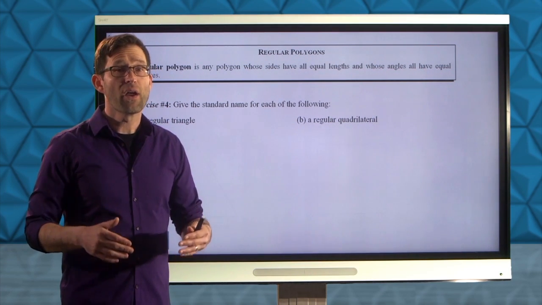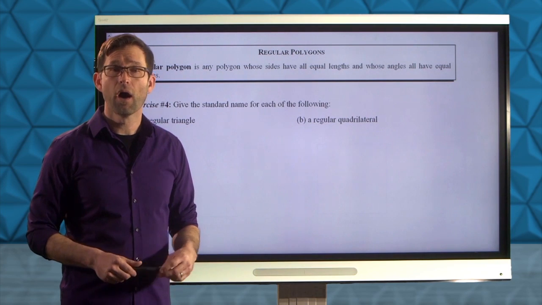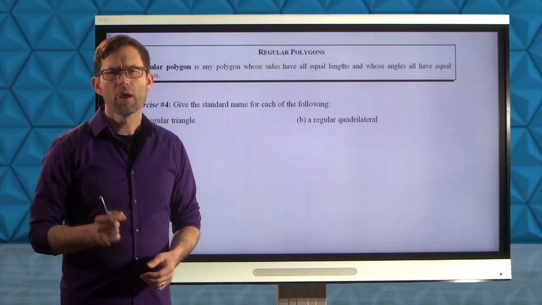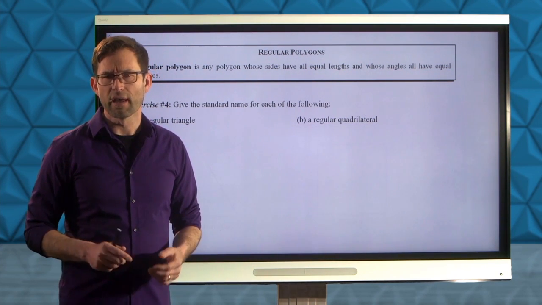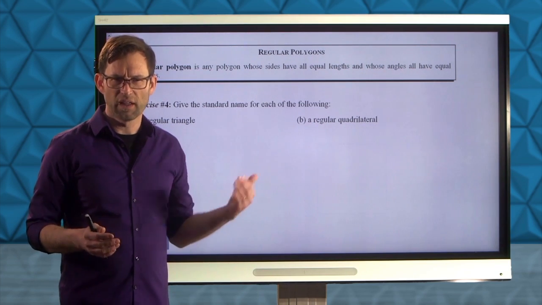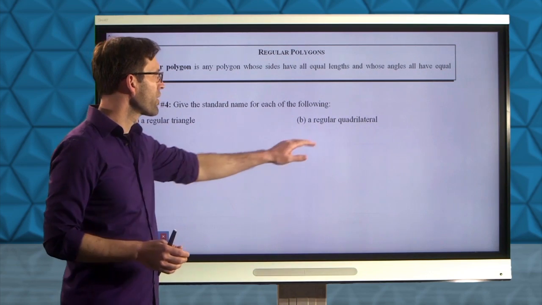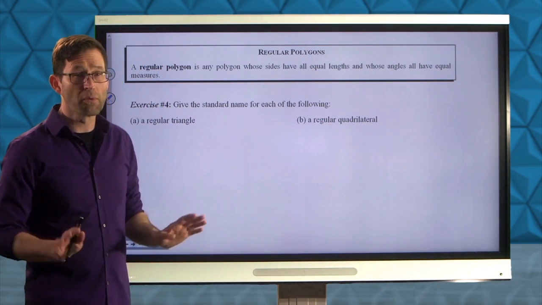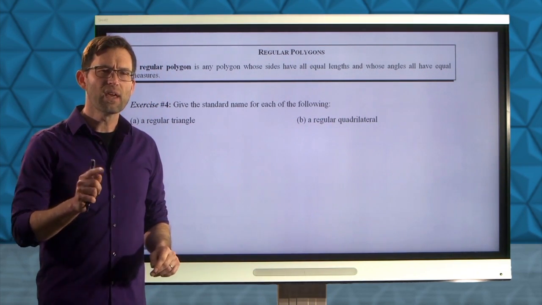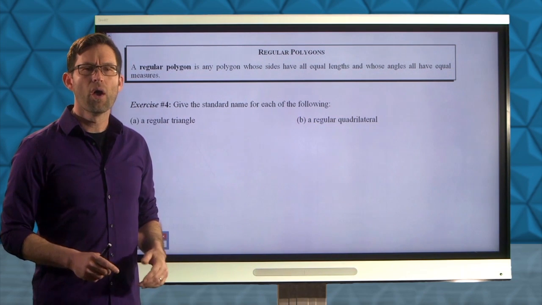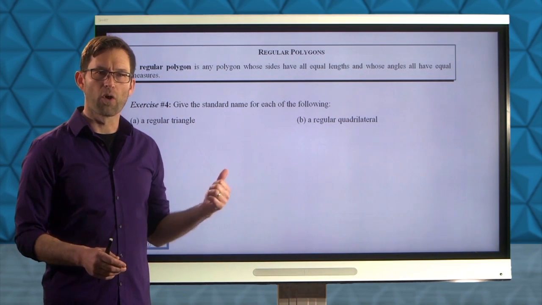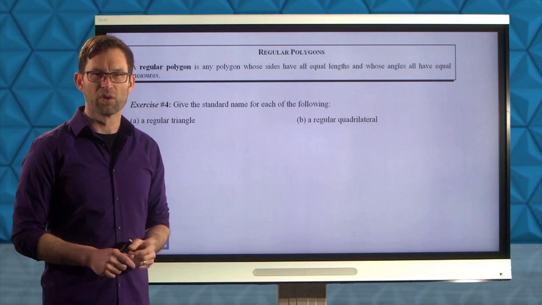There are tons and tons of examples of regular polygons. But the two that we're going to look at right away in this exercise are a regular triangle and a regular quadrilateral. We almost never call them this, so take a moment and see if you can remember what the more common names are.